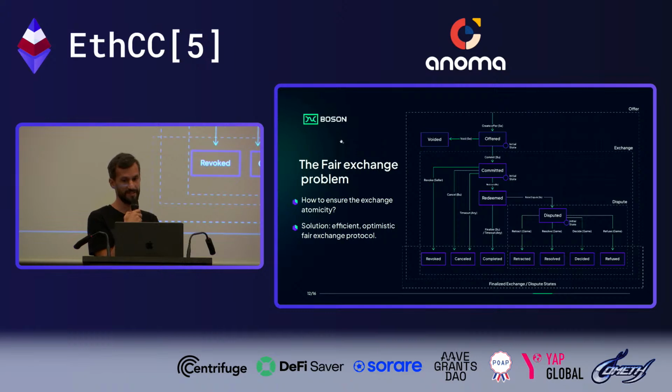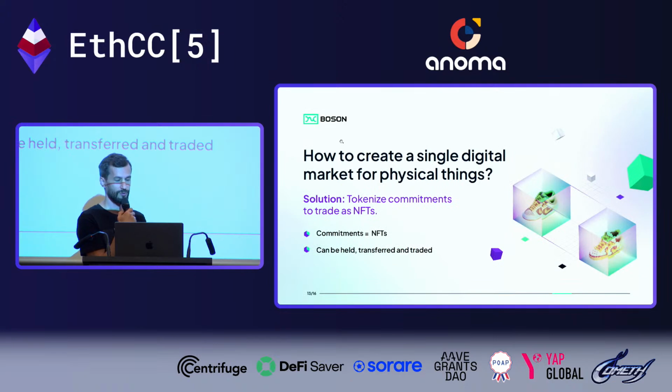So in essence, the process goes through offer and exchange, and in case of a dispute, there's a two-step dispute resolution. So we've solved the two important parts of creating a commerce infrastructure. The remaining part is how to make it alive and cater for a single digital market for physical things.